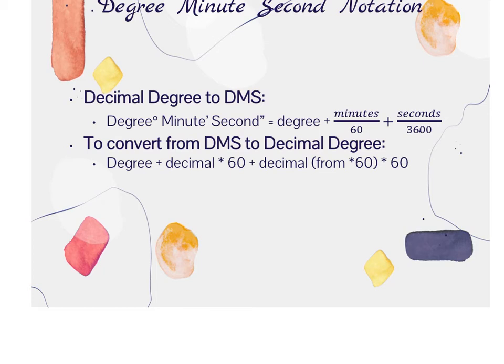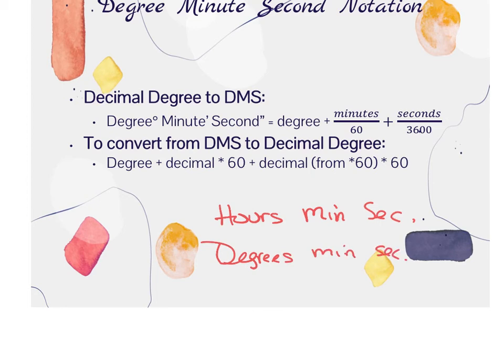You want to know exactly how many hours, how many minutes, and how many seconds it took you to run it, so that way you could maybe improve your time. Same thing here, we're going to measure our angles in a more precise measure. So instead of hours, minutes, and seconds, the hours are going to be our degrees, but we're still going to have minutes and seconds.